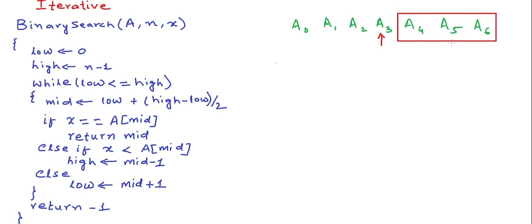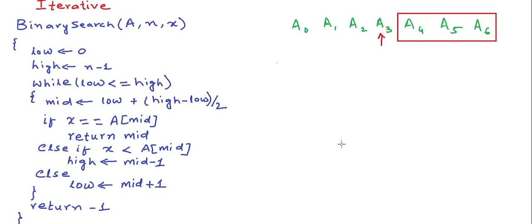And we keep on repeating this process in the new segment until either we find x or we cannot divide the search space any further. At low equal high, our search space reduces to only one element. After that, we cannot divide it any further.